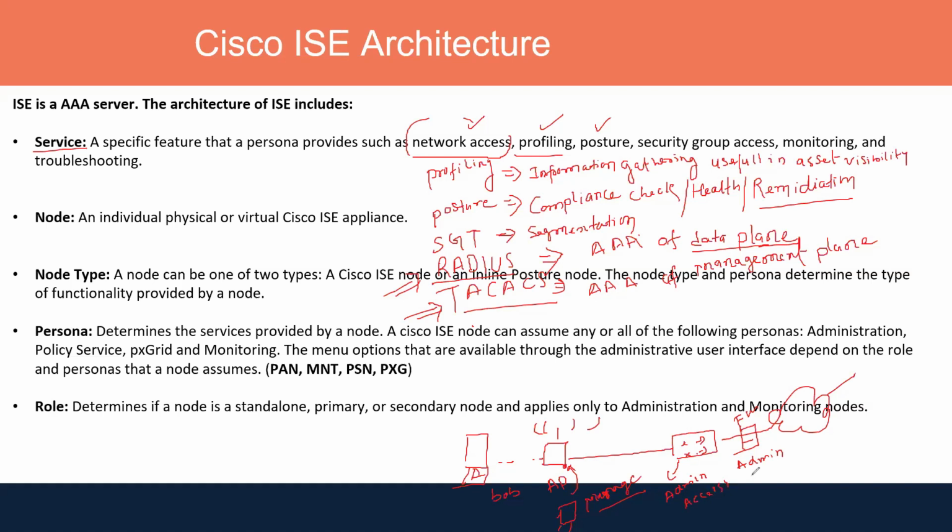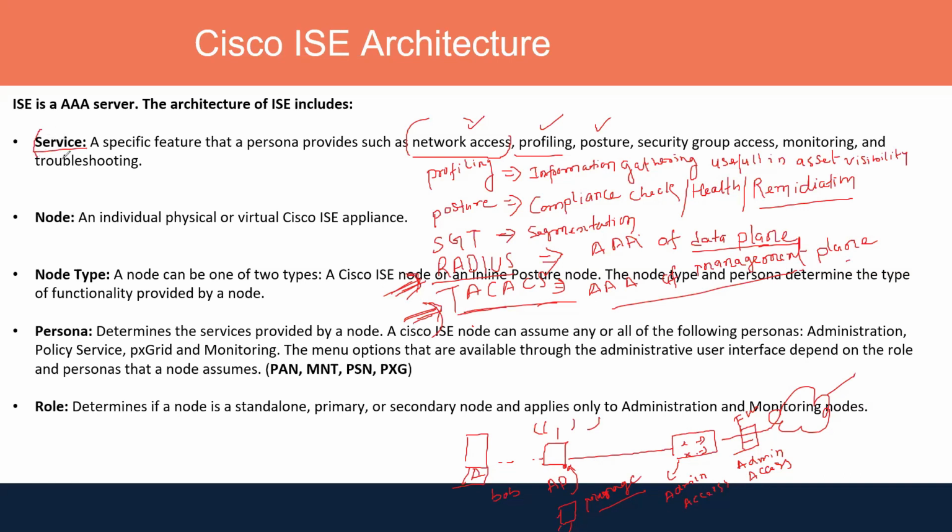At that moment, what is going to be used, TACACS or RADIUS? TACACS, correct. So in a nutshell, RADIUS is used to access the data plane. For data plane authentication, you provide a RADIUS mechanism. And for management plane access, you provide the authentication mechanism as TACACS.